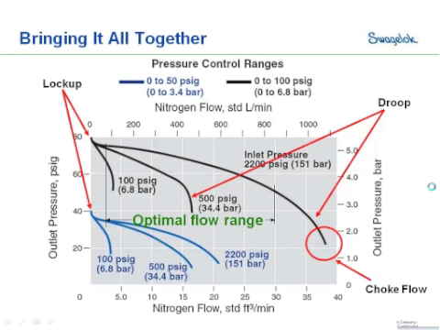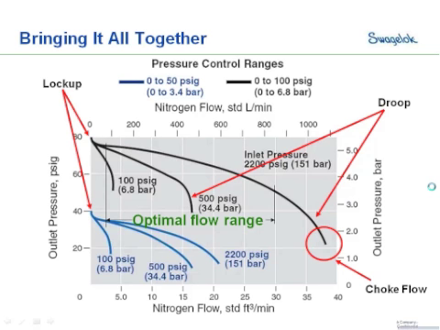And that helps really to start to flatten that flow curve out. There's some different options that we can apply to those dome-loaded regulators to continue to push that flow curve closer to horizontal. And ultimately, the best thing we can do is put an electronic pilot regulator onto a dome-loaded regulator. And that really comes very close to giving us a horizontal flow curve with just a small amount of droop.